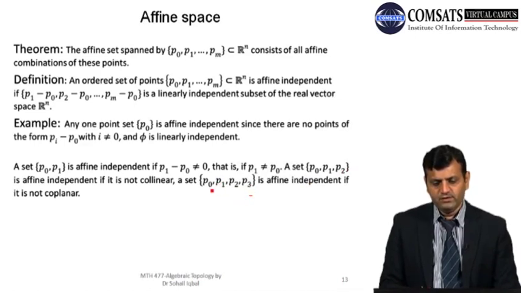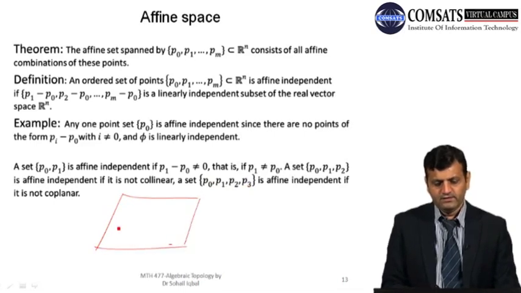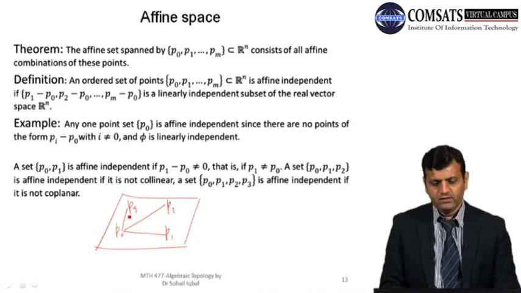So for example, if these 4 points are coplanar, meaning they are contained in the same plane, let's say this is p0 p1 p2 p3, then of course these vectors p0p1, p0p3 and p0p2, these 3 vectors are not linearly independent, because in R2 at most 2 vectors can be linearly independent.